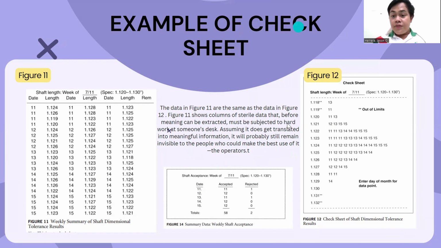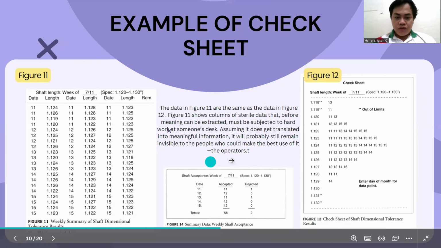In the figure, you can see this side is the out of limit, because the accepted shaft length is 1.118, and 1.119 is a defect, or what we call out of limit. And the most common shaft length produced is 1.124.